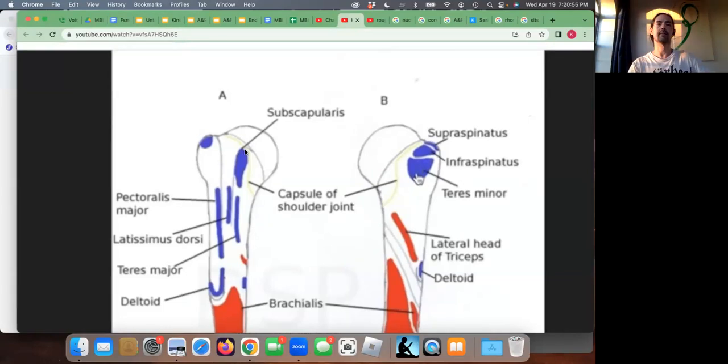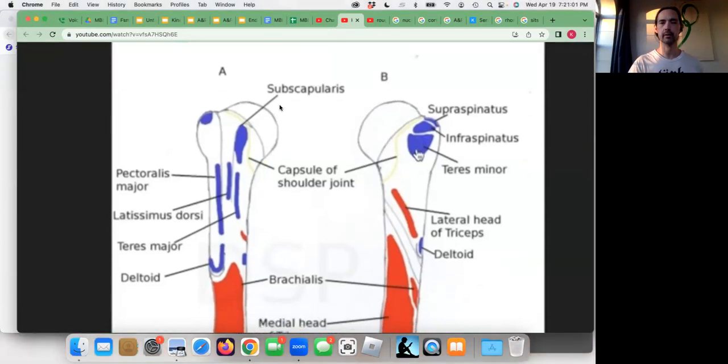One last view of this, and then we're going to take a break. So here we have the arm bone removed from the shoulder socket, removed from the skeleton. And you're looking at this from two slightly different perspectives. You're standing at the side of the client. This is the right arm. And you're looking at the side of the arm. And if you step around to the front just a little bit, you can see the front aspect.